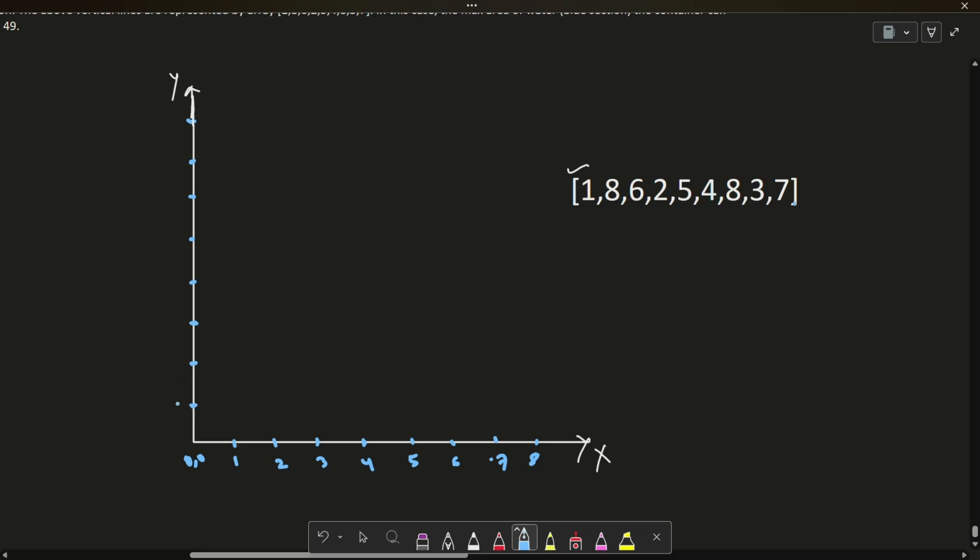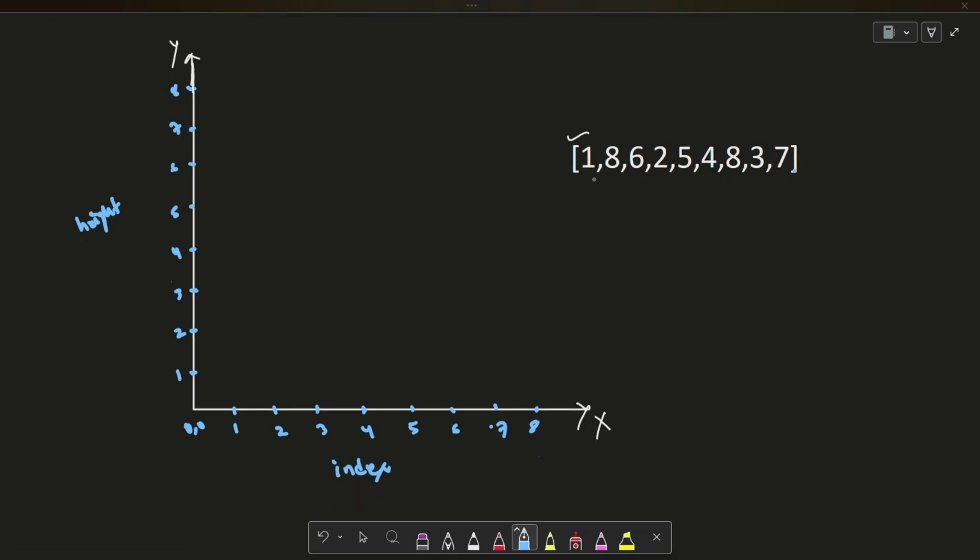The height will be 1 2 3 4 5 6 7 8. So this represents our height and this represents the index number. When we draw the line for each element, this is our first element, which means the zeroth index. At the zeroth index, the height is 1.